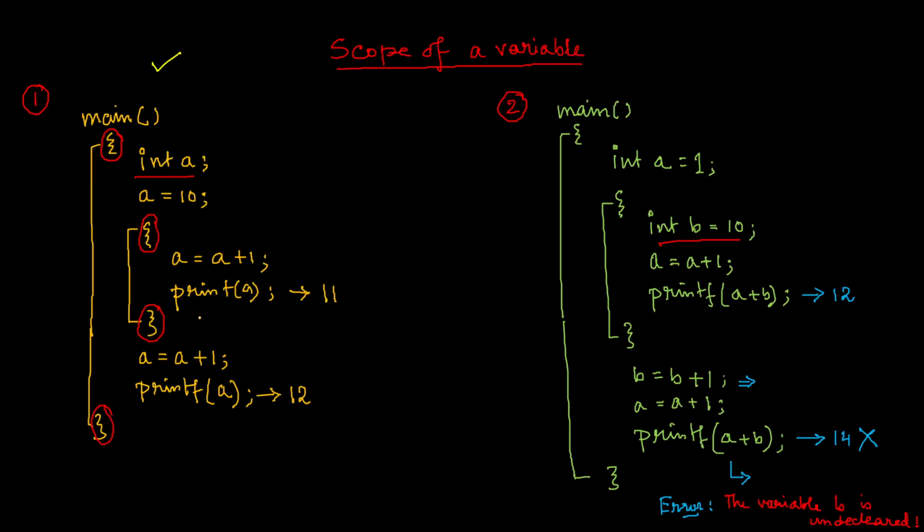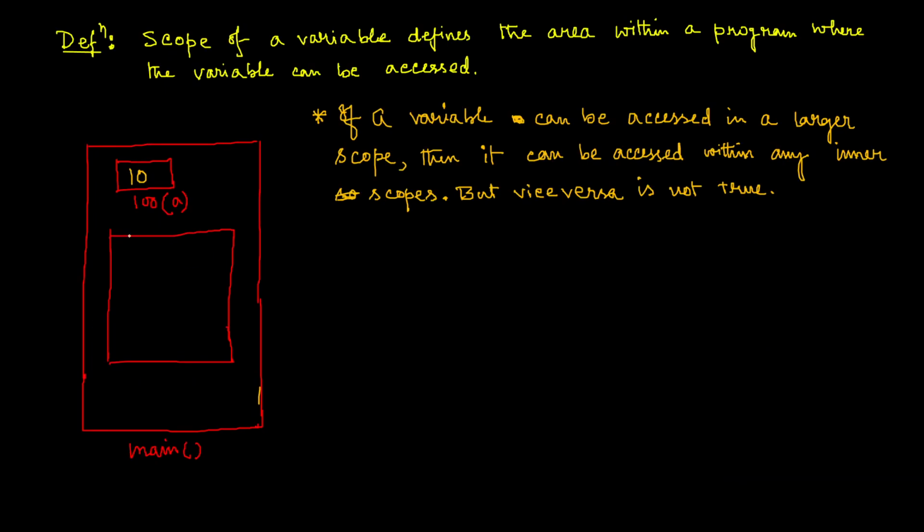And this is the reason why you will get this error. Because if I draw the same boundary for this, you see what I will get. This is for program 1, right?